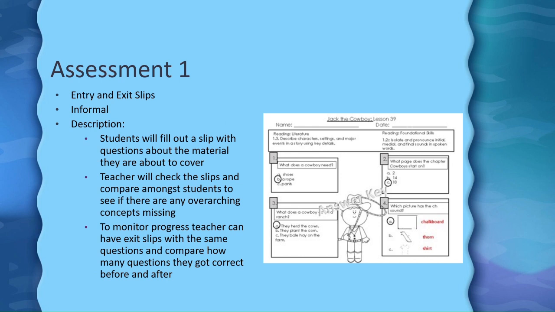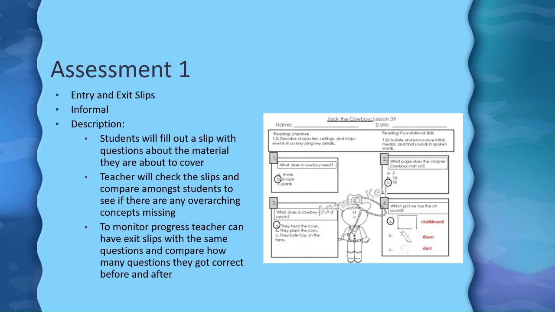So for the first assessment, we have entry and exit slips. This is an informal assessment. With it, we have an example on the right-hand side. So for an entry slip, students fill out a slip with questions about the material that they're about to cover, and then teachers check the slips and compare to see if there's any specific things that the students are missing.